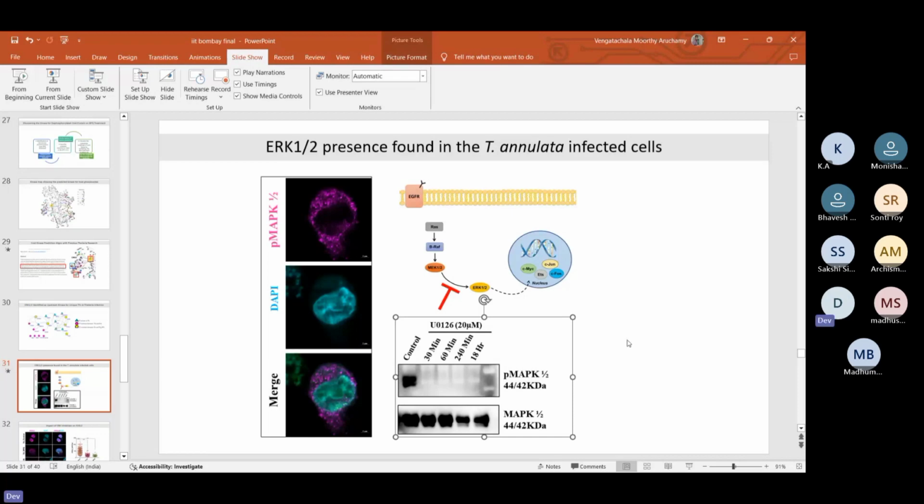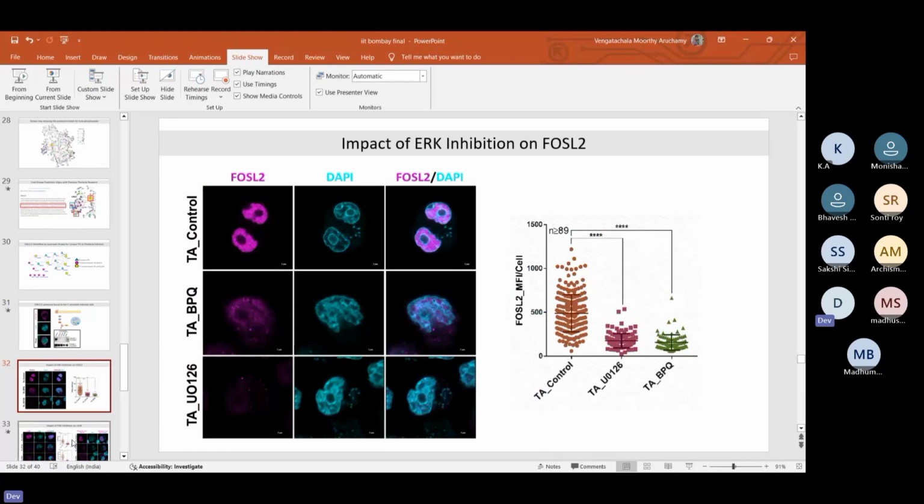Now, as we have successfully demonstrated that U0126 can be used as an inhibitor, the next question we ask is what will happen to all the transcription factors that we have highlighted from our study upon inhibiting ERK1/2 activity. Here I'm going to highlight some of the key molecules that we have validated by wet lab.